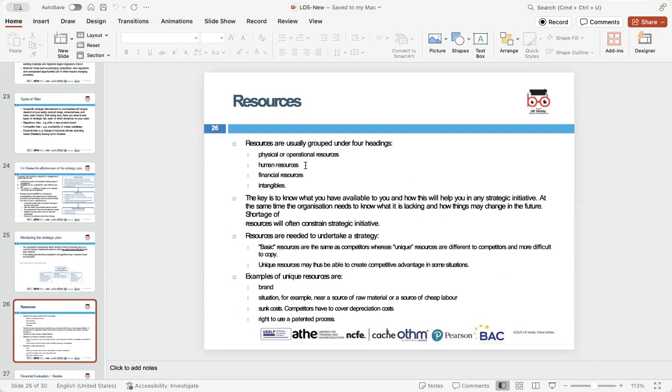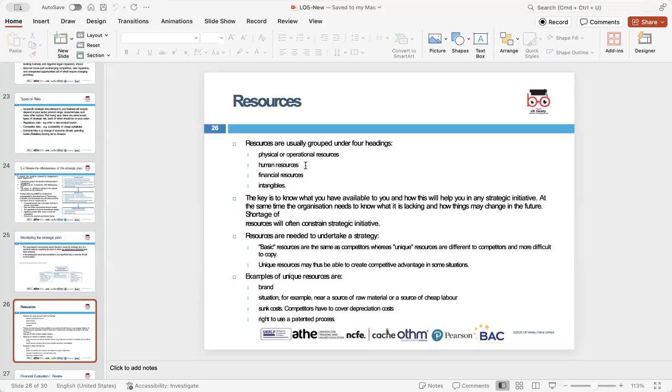Resources and strategic initiatives. In strategic management, resources are categorized into four main groups: physical, operational resources, human resources, financial resources, and intangible resources. So each type of resource plays a vital role in the implementation of a strategy.